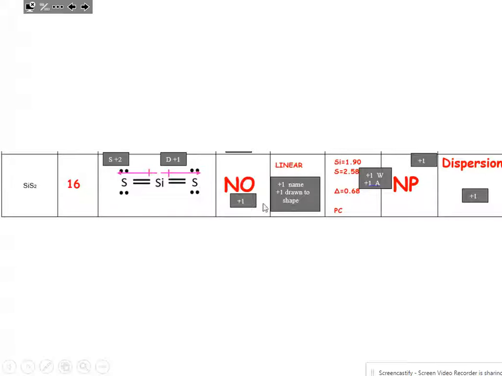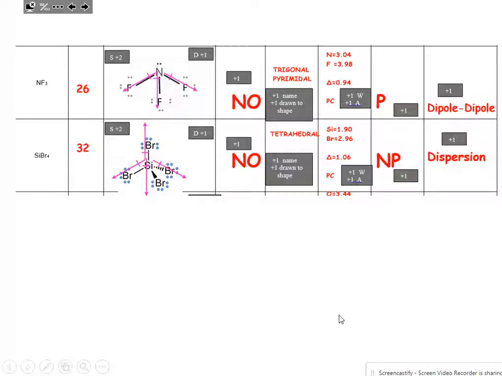You should have your dipoles. Polar covalent, but it's nonpolar because these cancel. Dispersion. Here I have NF3. No resonance. Trigonal pyramidal. Remember, these lone pairs need more space. Polar covalent. That's why we drew these dipoles pointing towards the F. The molecule is polar. Dipole would be the type of intermolecular force.